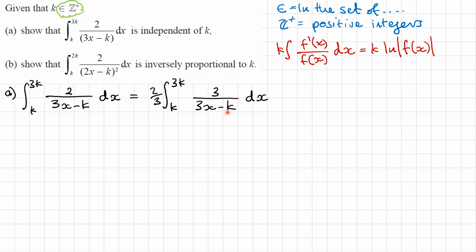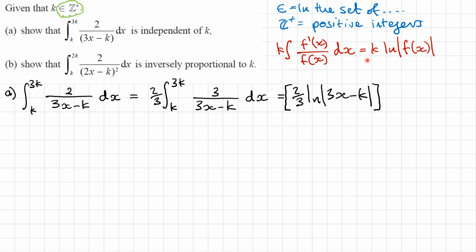However, this is in the right format for us to use the rule straight away without having to go back and make any adjustments, because the bottom differentiated, which is 3, appears at the top. So now we can just write 2/3 log of the bottom, which is 3x minus k. And if you've got time, you can always go back and differentiate your answer just to check that it's correct.